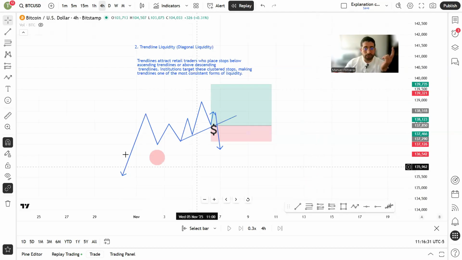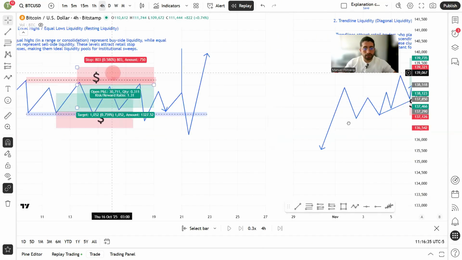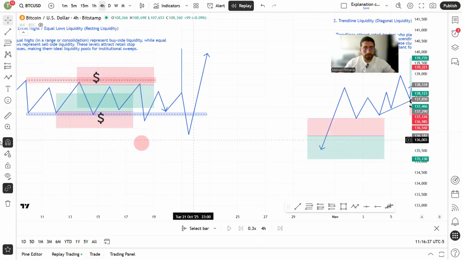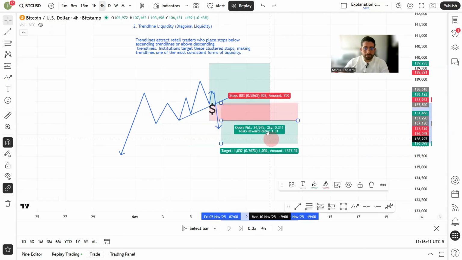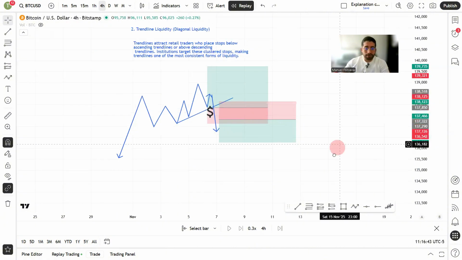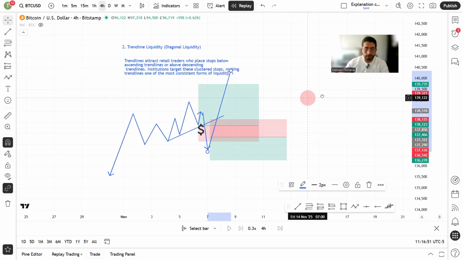And people start executing selling orders here at the break, as the pattern says. But remember that we are in a bullish trend, and what happened after that is that you are again trapped by the movement and the impulse, and you're out of the market, right?